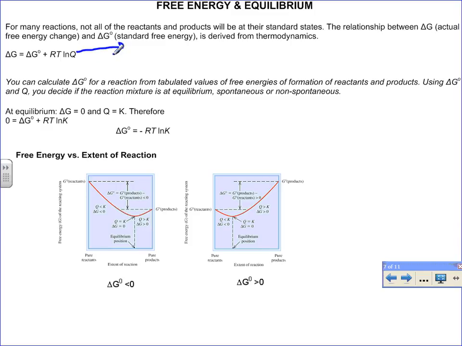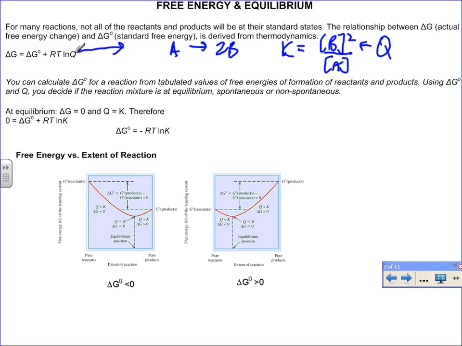Q, you'll recall from our equilibrium unit, is our reaction quotient. So for a reaction of A going to 2B, if I want to calculate the K value, it's the concentration of B squared over the concentration of A. And you'll recall that for a reaction that's not at equilibrium, the expression is called Q. So this relationship will handle any concentrations of reactants and products, whether or not the system is at equilibrium.